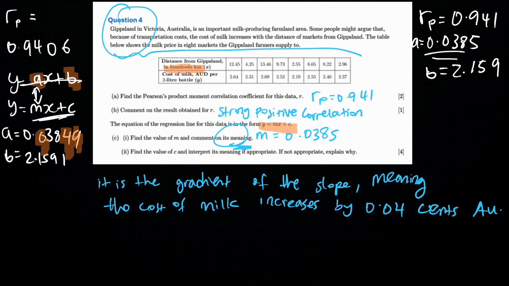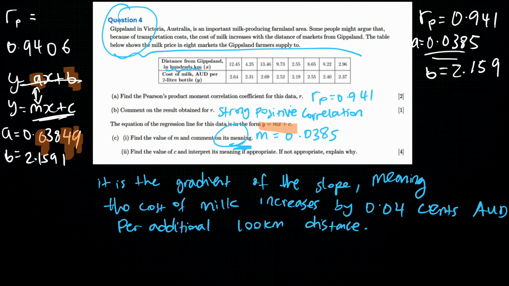Remember, let's put in the currency of AUD per additional 100-kilometer distance. Now, how did I reach this conclusion? Well, it told us the distance from Gippsland is in per 100 kilometer in the question right here, in hundreds of kilometer.